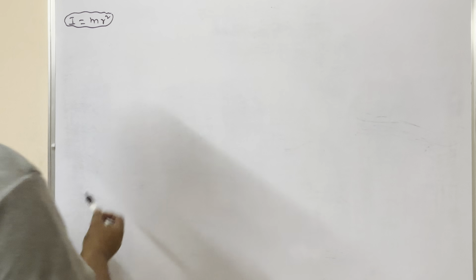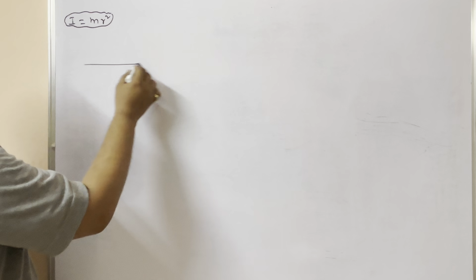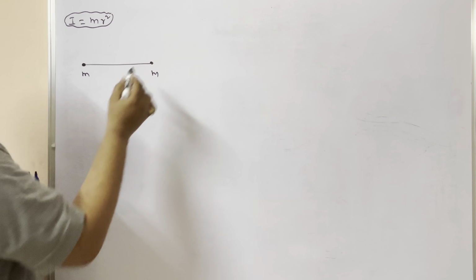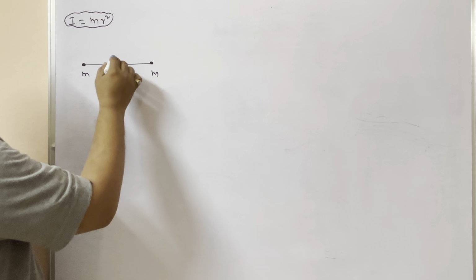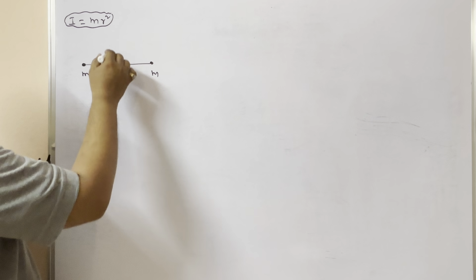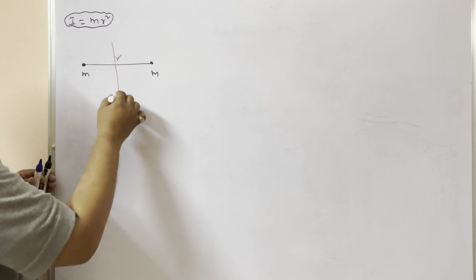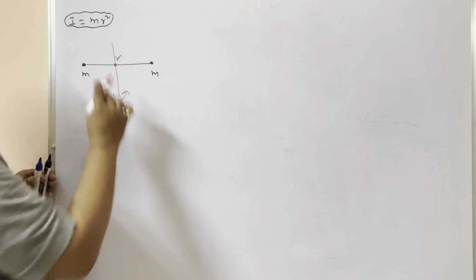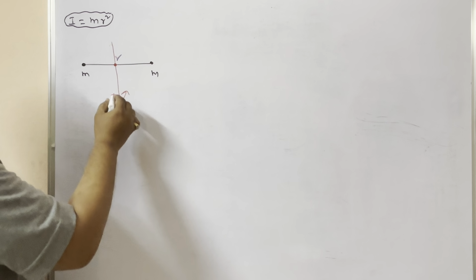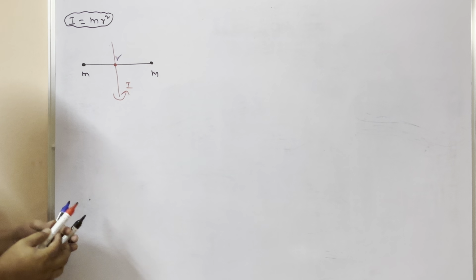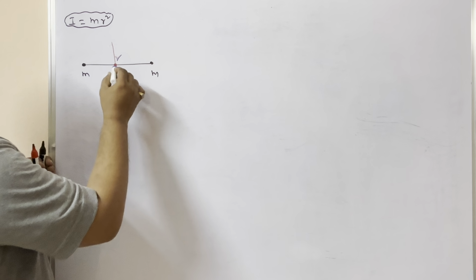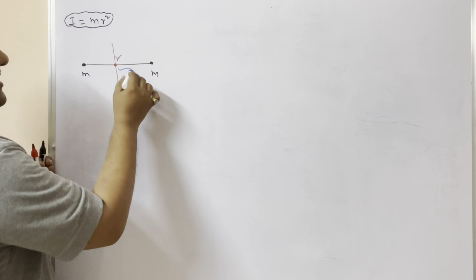Next, I will see some problems on this. Two mass particles separated by distance r. Find the moment of inertia about an axis passing through its center, perpendicular to its length. Now you should find the distance between this axis of rotation and the mass particle.